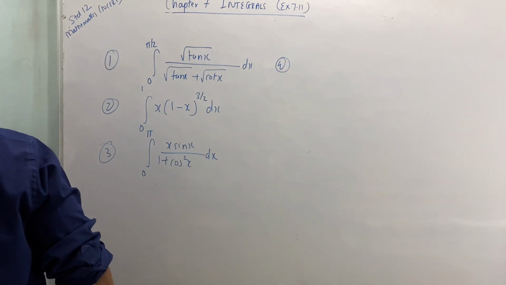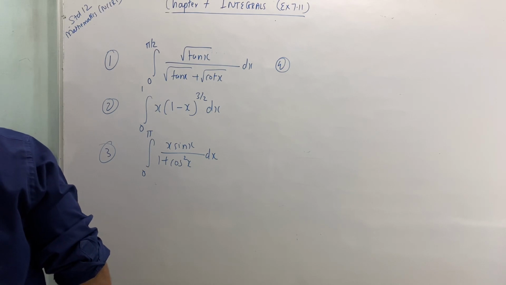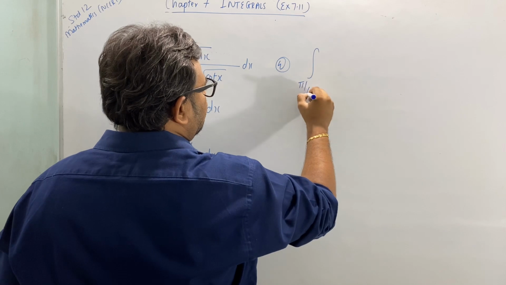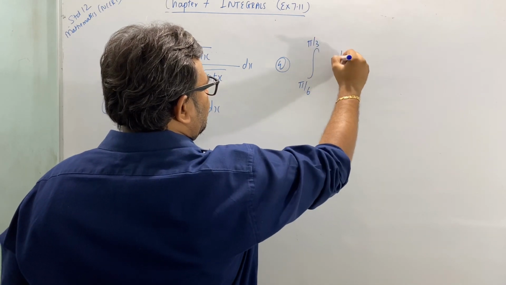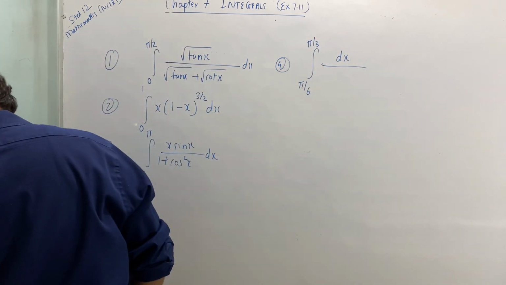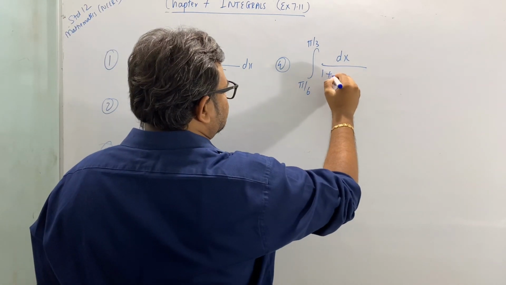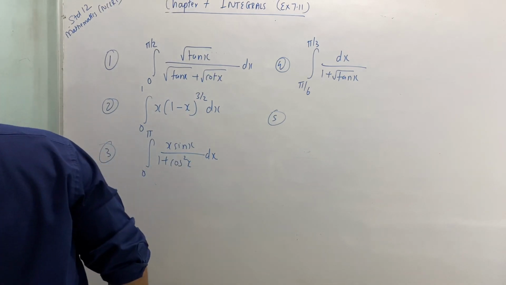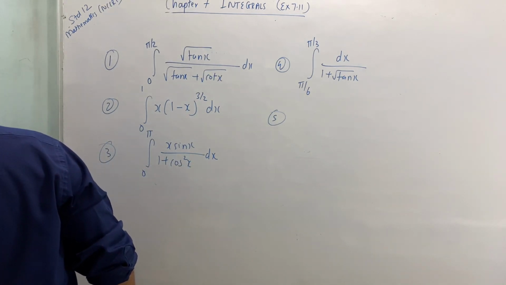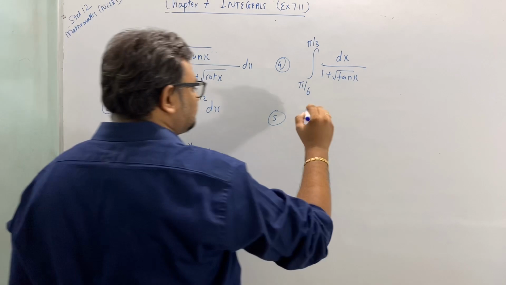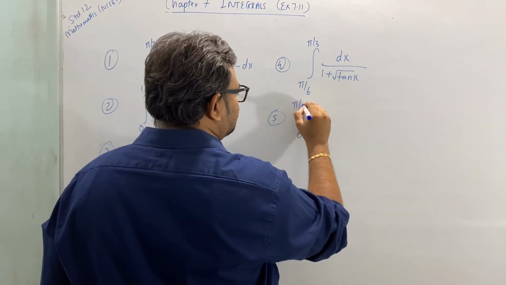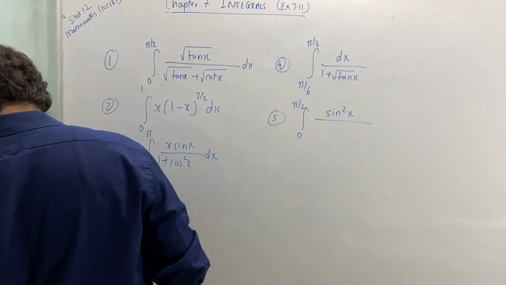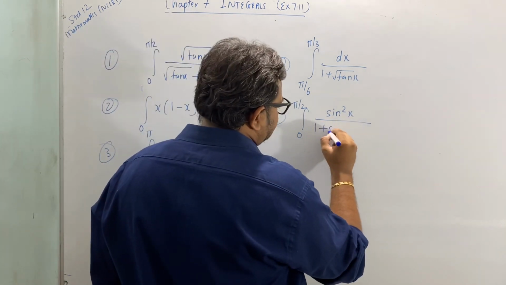Fourth question, pi by 6 to pi by 3, dx upon 1 plus root tan x. Question 5, 0 to pi by 2, sin square x upon 1 plus sin x cos x.